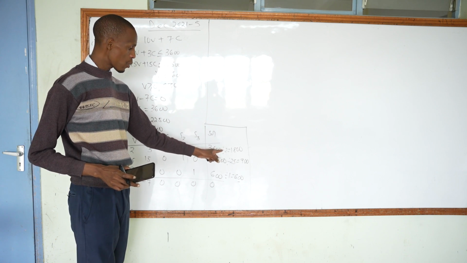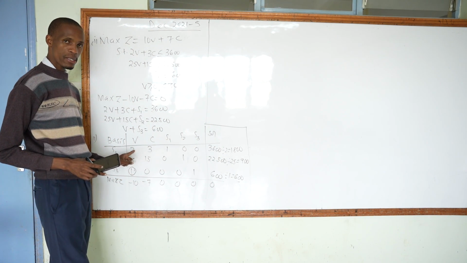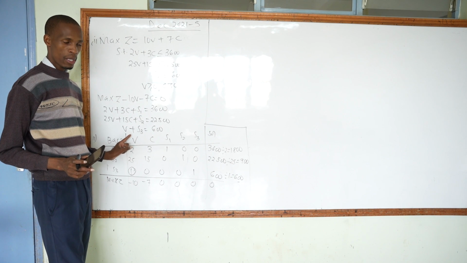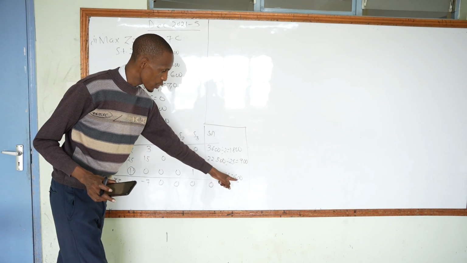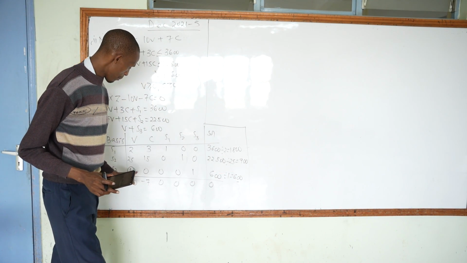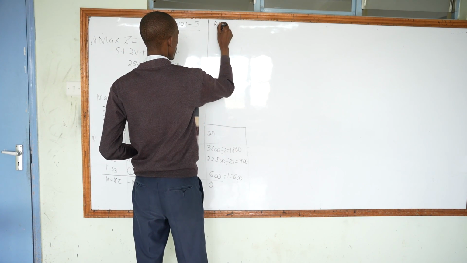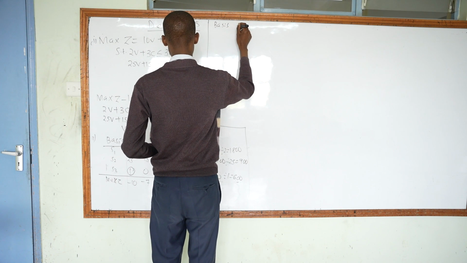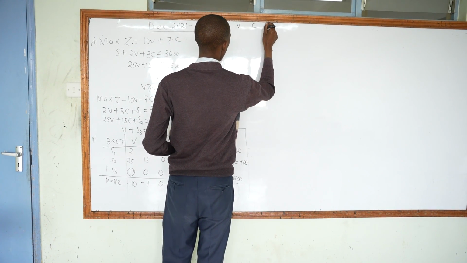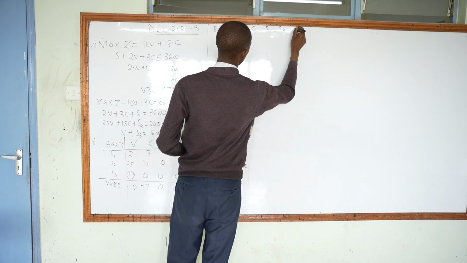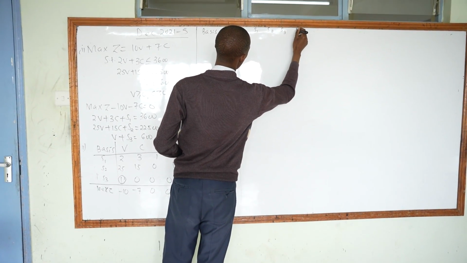The one which gives you the smallest quotient, which is 600, becomes the pivot element. So I will have another table with basis B, C, S1, S2, S3, solution.